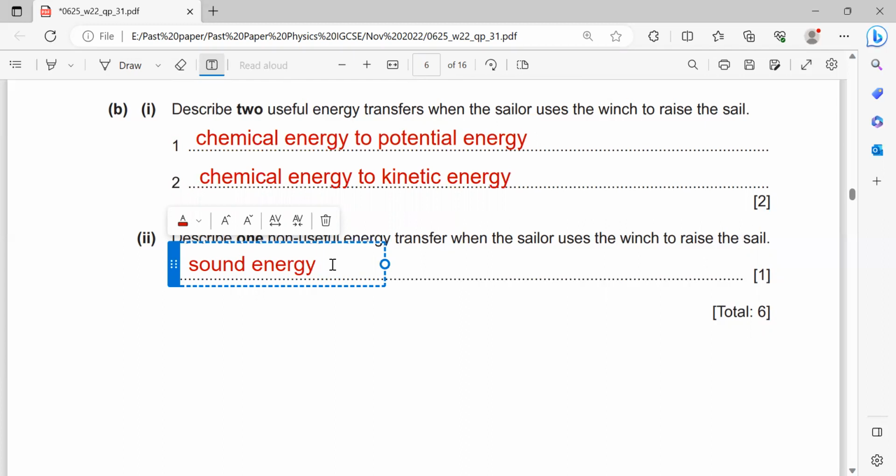And the sound energy is actually not useful, the sailor doesn't need it.